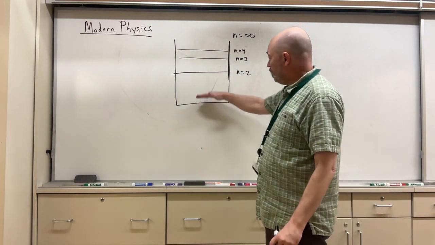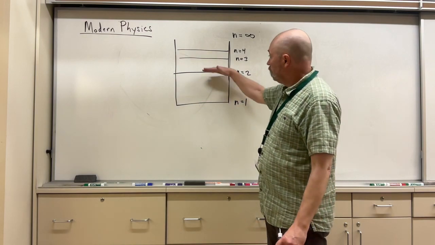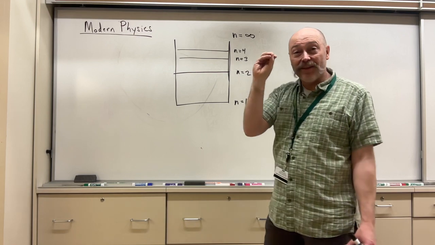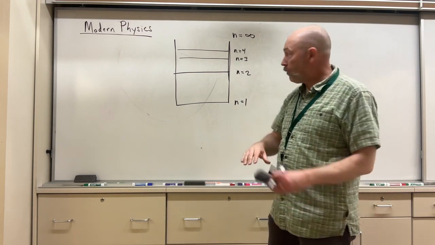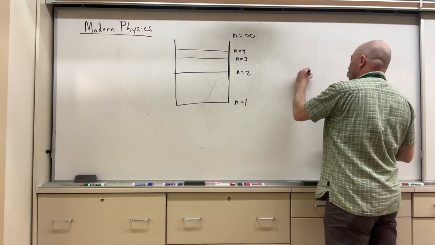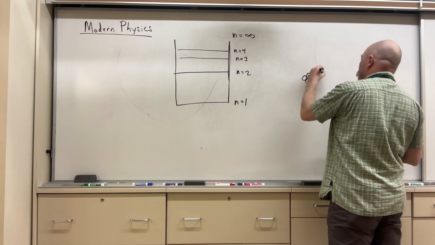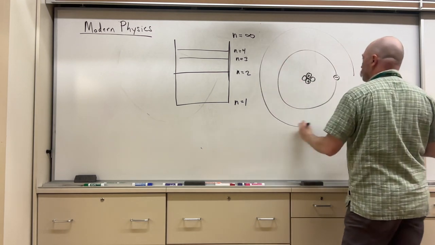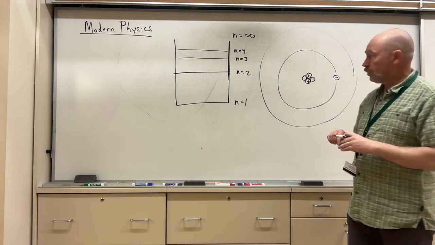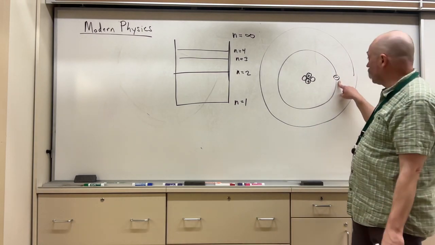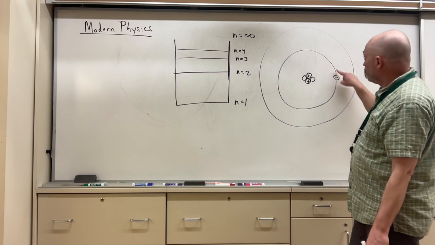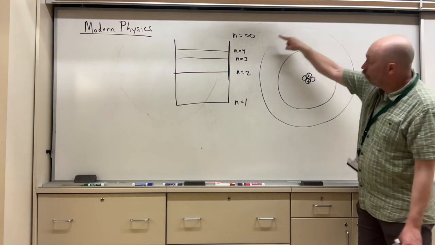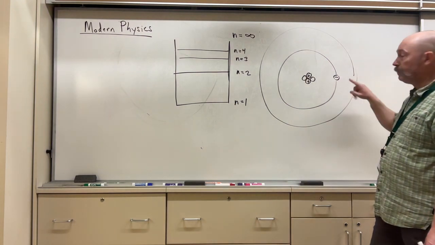You'll notice this gap is bigger than this gap, which is bigger than this gap, and so on. That's for a reason. This is not our perfect model, but imagine these different energy levels, where n equals 1 has 1 de Broglie wavelength around, n equals 2 has 2 de Broglie wavelengths going around, and so on.